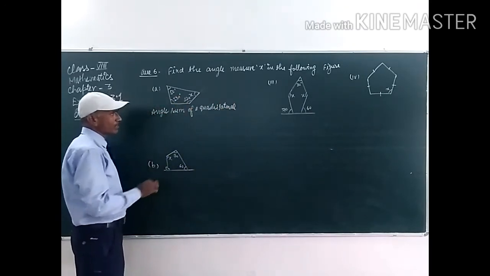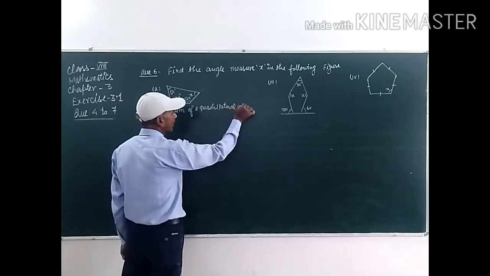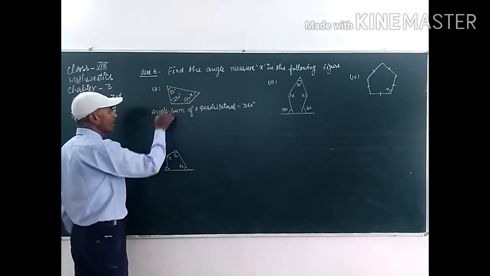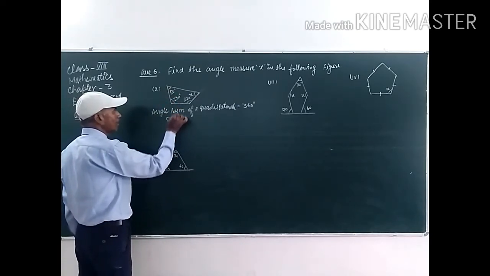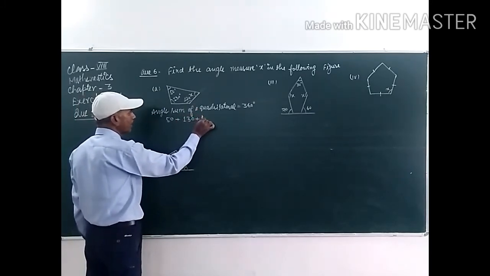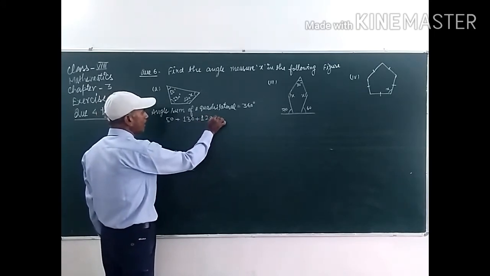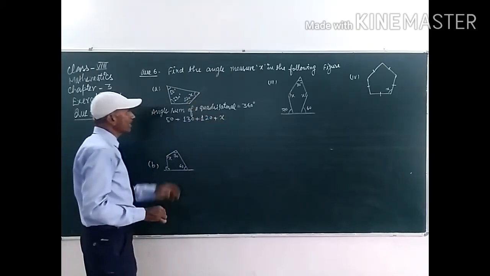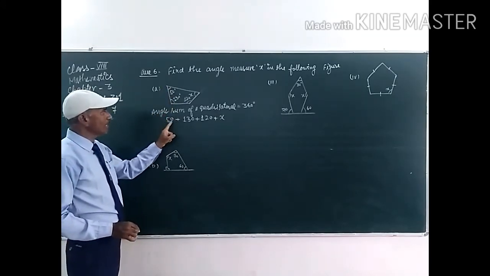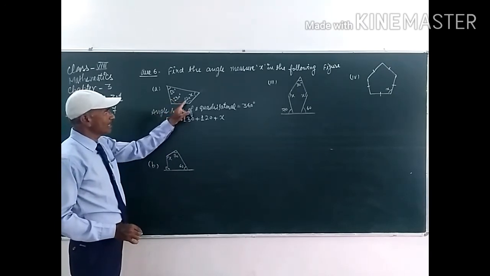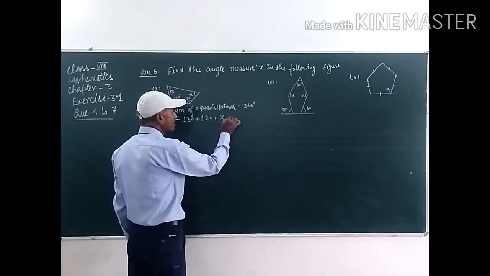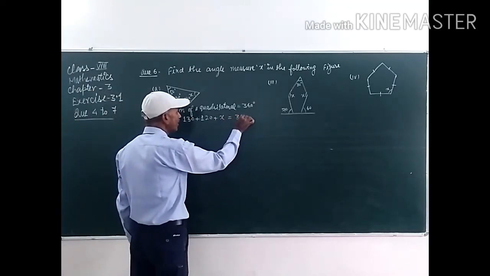This figure is a quadrilateral, student, therefore the angle sum is 360 degree, we know it. So this one 50 degree plus 130 degree plus 120 degree and plus x, because these are the interior angles of this quadrilateral. So first angle is 50 degree, second 130 degree, third angle is 120 degree and fourth angle is x, student, and the sum will be 360 degree.